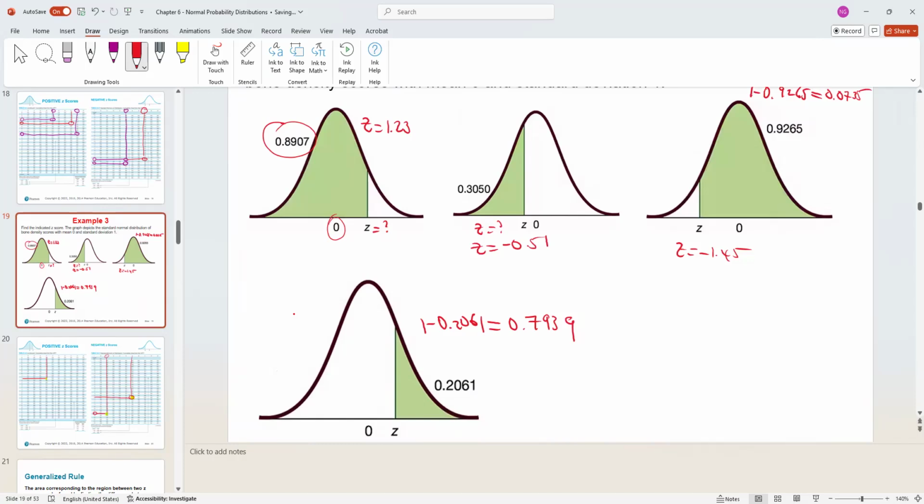We are on the right, so we always need to subtract that probability from 1. We don't subtract z. For the z's, we always subtract the probabilities, not the z values, okay? So now look for this one because it's above 0.5, we're going to go in the positive side of the table.